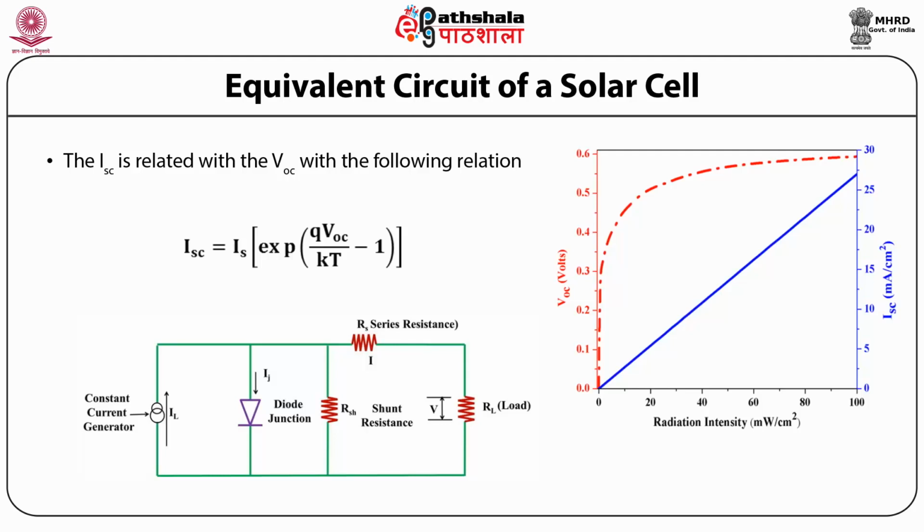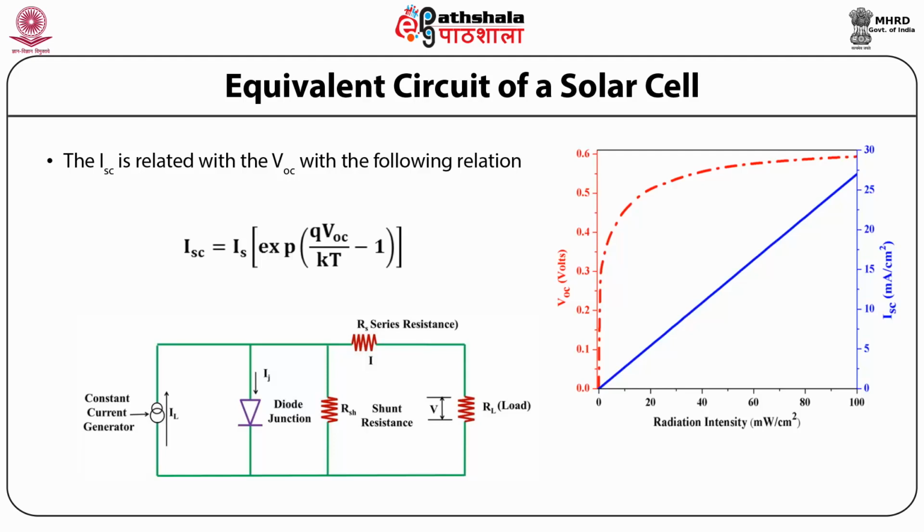The power output decreases relative to the input of photovoltaic energy. VOC is a strong function of temperature, whereas ISC is less dependent on temperature. But VOC is less dependent on radiation intensity as shown in the figure, and ISC varies linearly with increase in the radiation intensity.